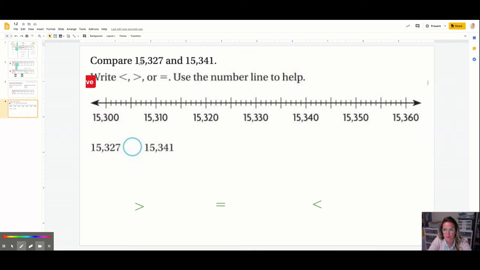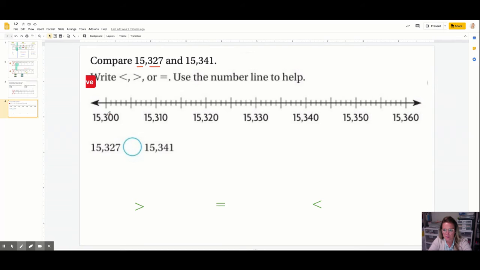We're going to start with the 15,327. So on my number line, it starts with 15,300, and then it goes by tens. So this will be 15,301, 15,302, 303, 304, 15,305, all the way up to 310. So I'm looking for 15,327.